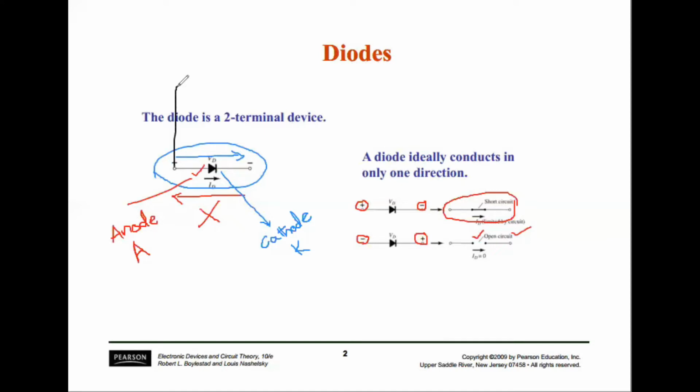When we apply voltage, like here we are applying positive, and the negative terminal is connected with the cathode of this diode, so current will be flowing through this diode like this, and the circuit will be complete, and this diode will be acting like a short circuit.